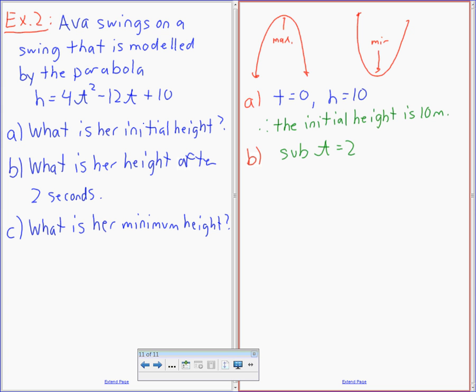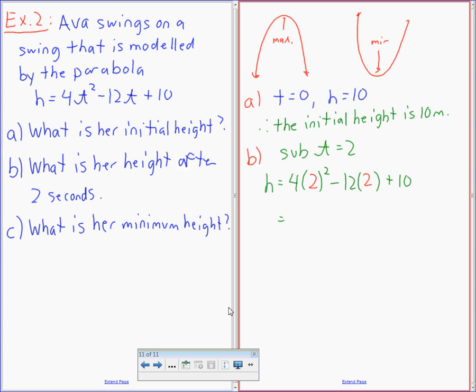So 4 bracket 2 bracket square minus 12 bracket 2.